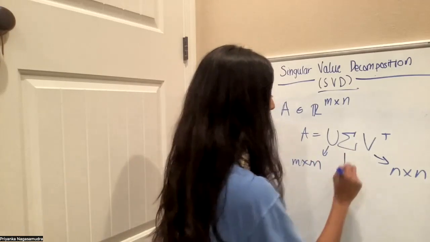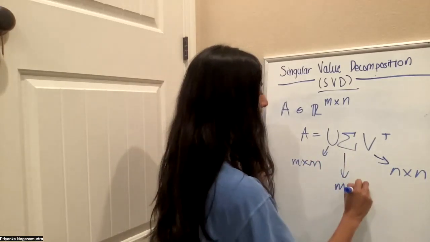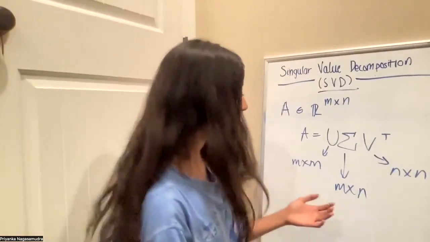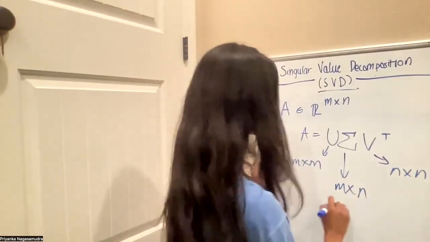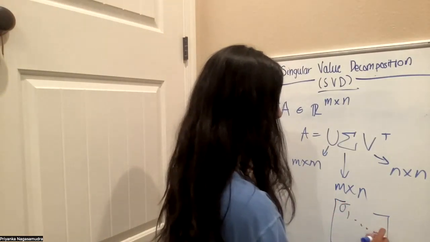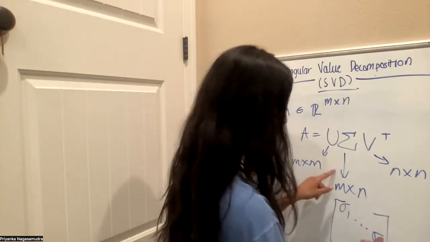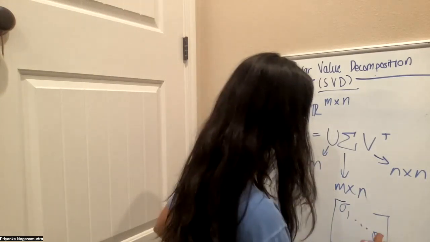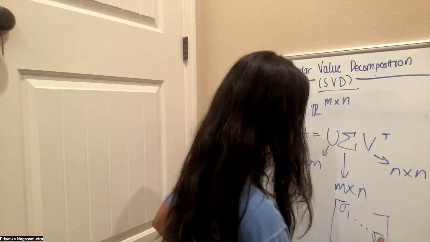Then it goes into sigma. And what is sigma doing? Sigma is basically doing the scaling. Sigma looks like an m by n matrix, with rank at most n.